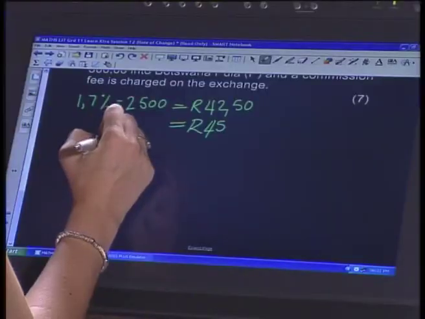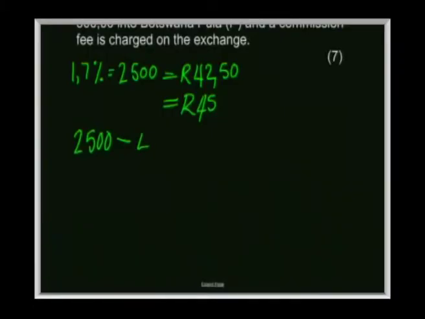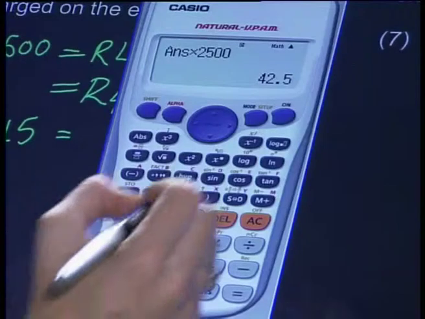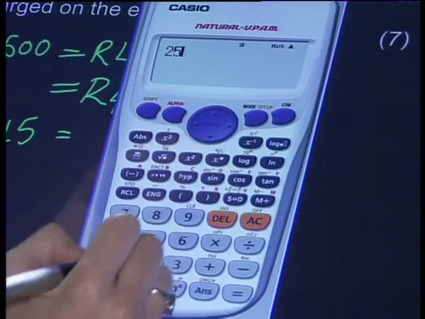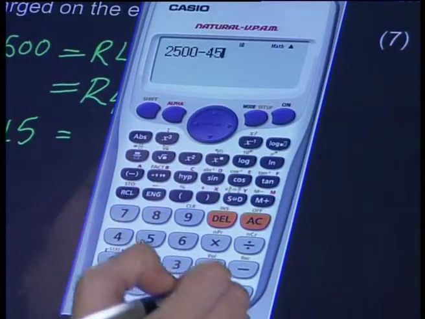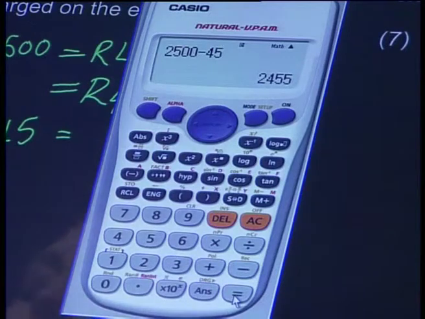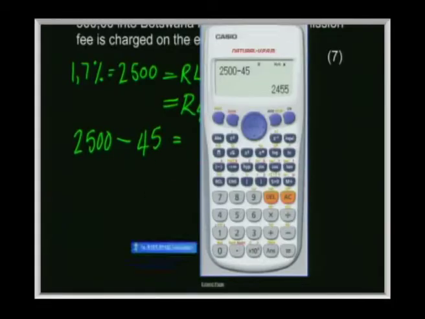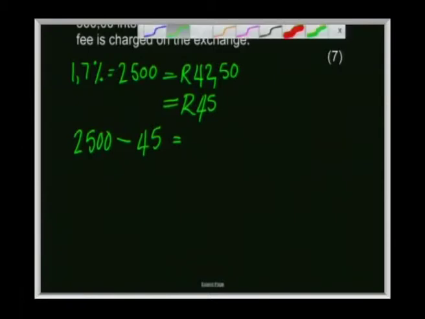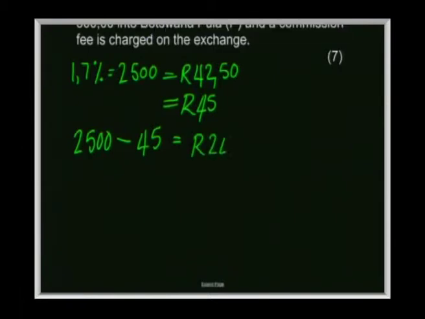We now say, well, here's our 2,500 Rand, and they're taking away 45 Rand as a commission. What's 2,500 minus 45? It is 2,455 Rand. We are now going to use this value to work out how many pulas we get.